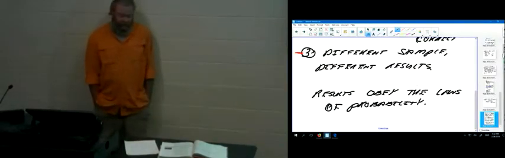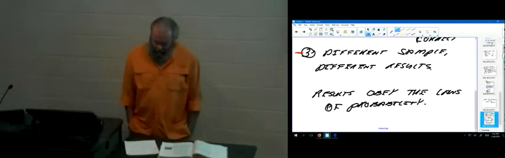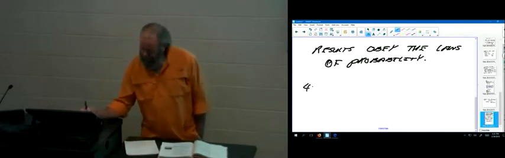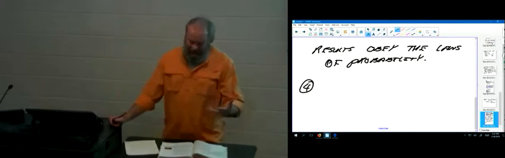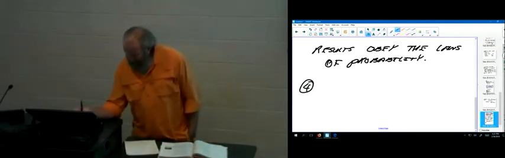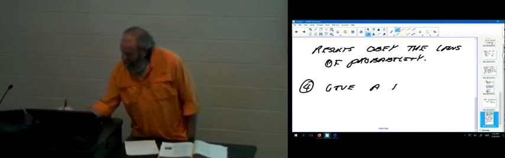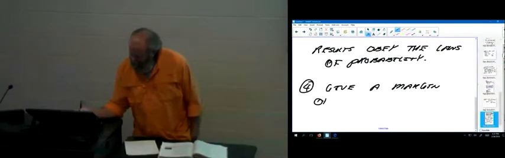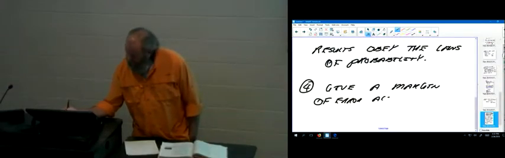It's not just statistics. There's actually probability here we're going to talk about. 4. What saves us is we give a margin of error along with the results.